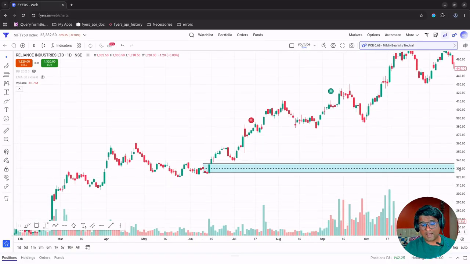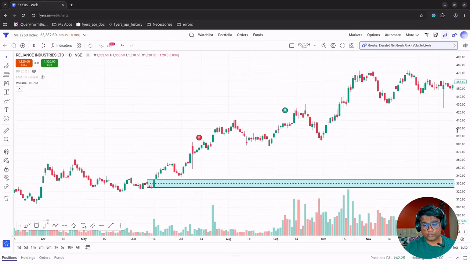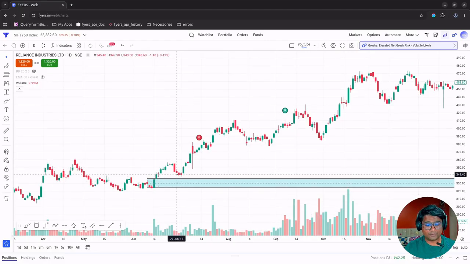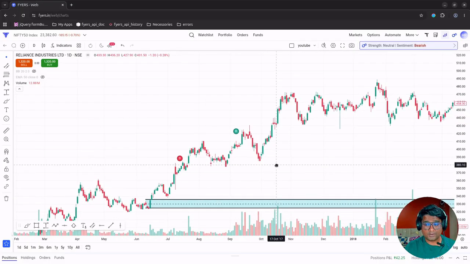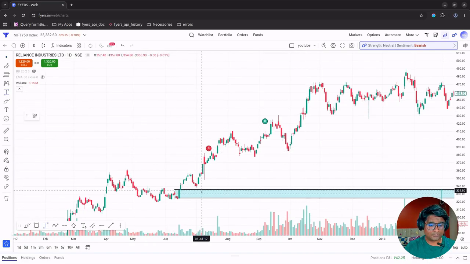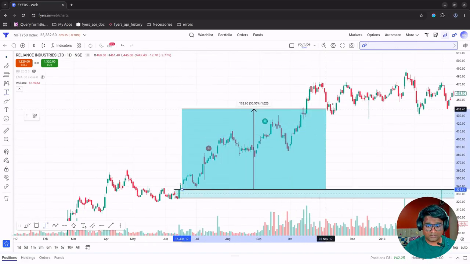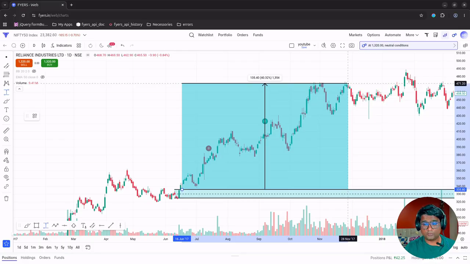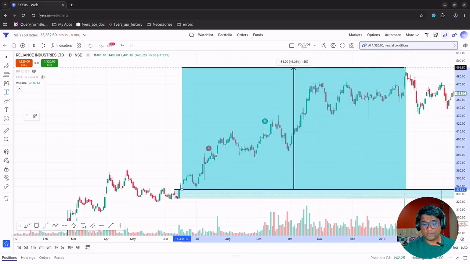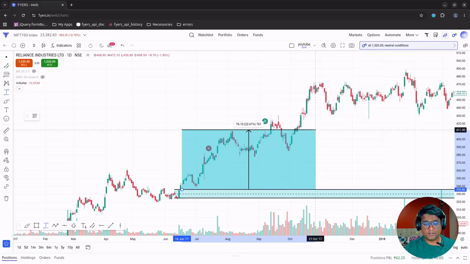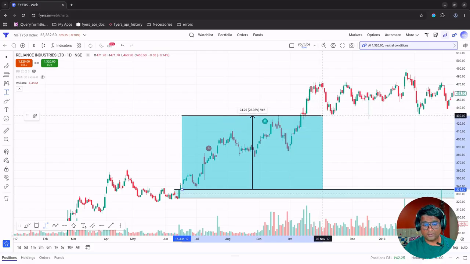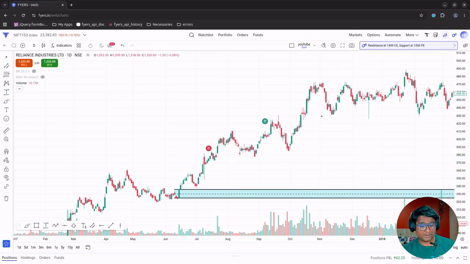And see the rally, superb rally. See the returns. Almost 40%, 46%. Here you would have got 22%. Here you would have got 28%, like that.